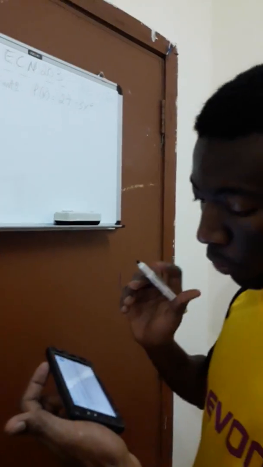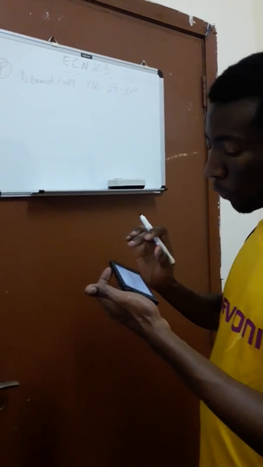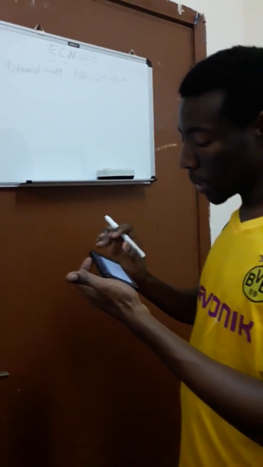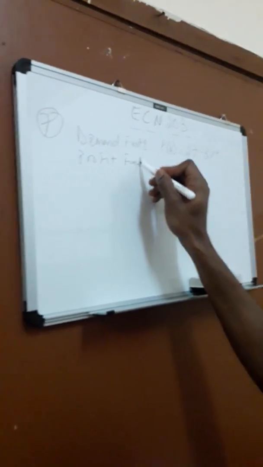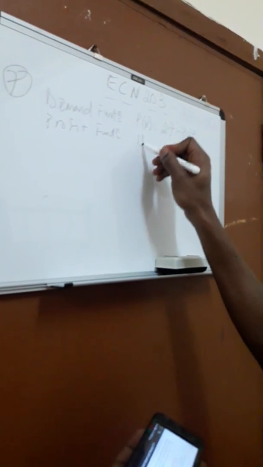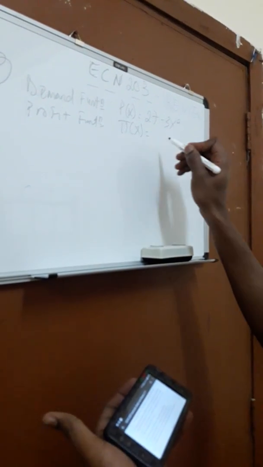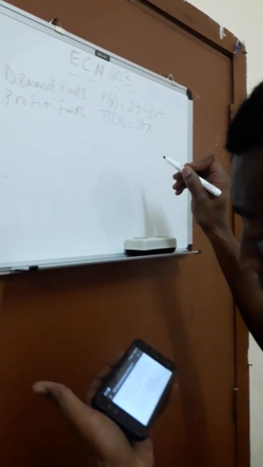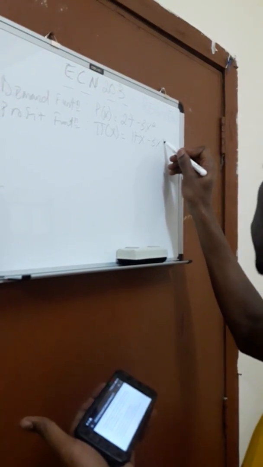That is the demand function, and we are told that the profit function of SNEPCO Limited is given by pi of x is equal to 17x minus 3x cubed, okay? All right.